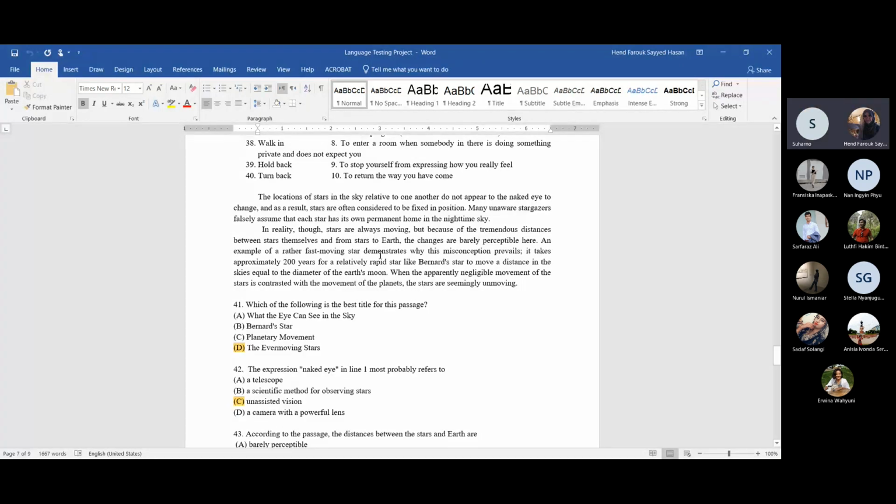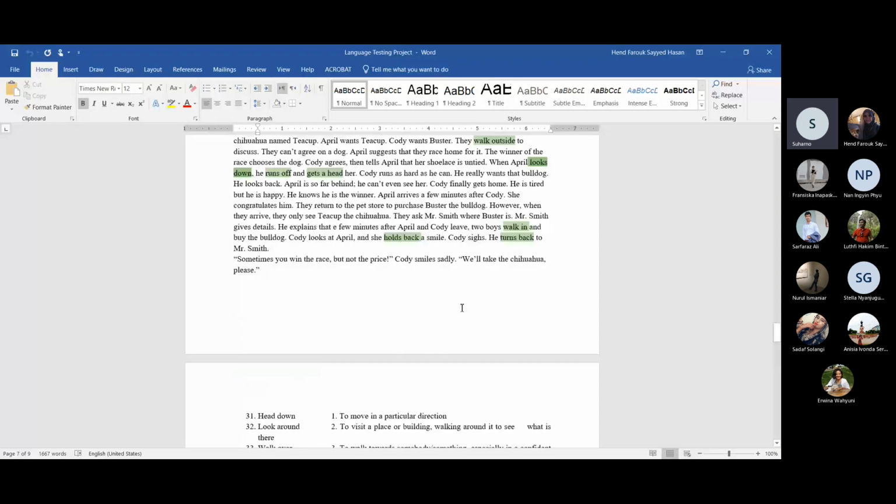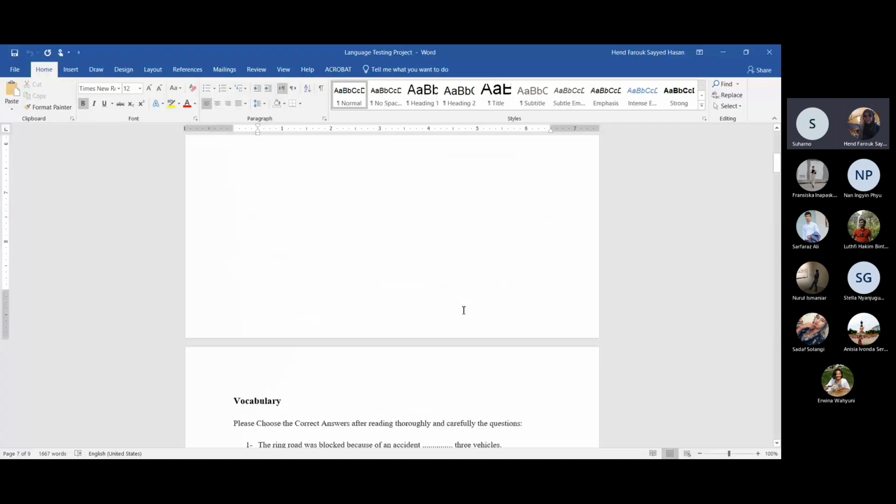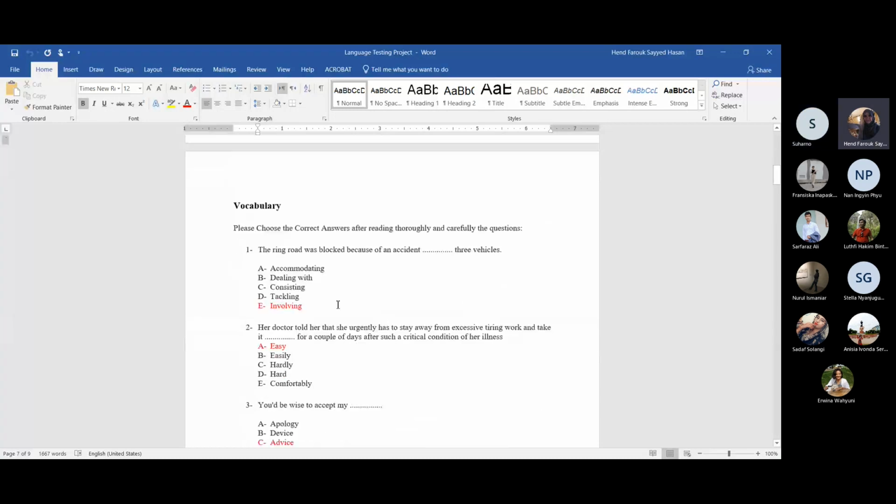We could look at the first part, vocab. Could you show the vocab part in the beginning? The example would be: please choose the correct answer after reading.